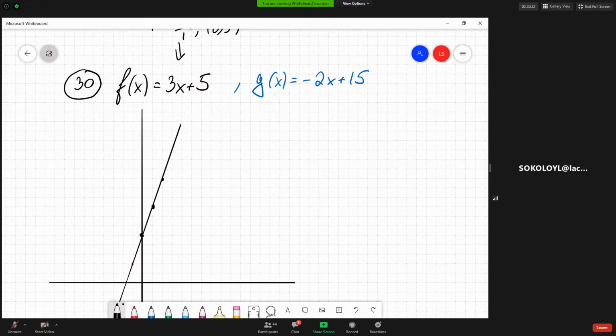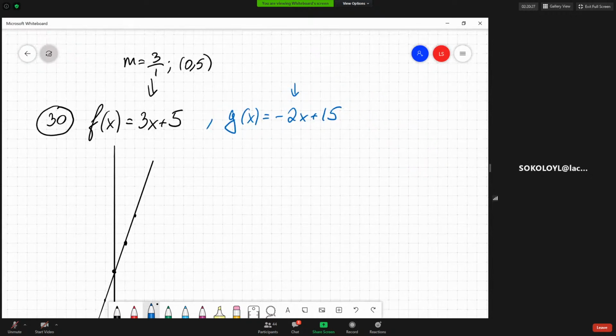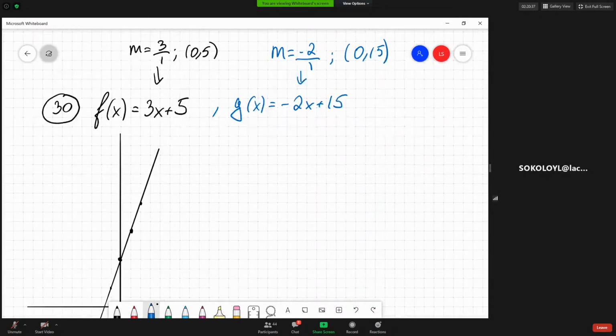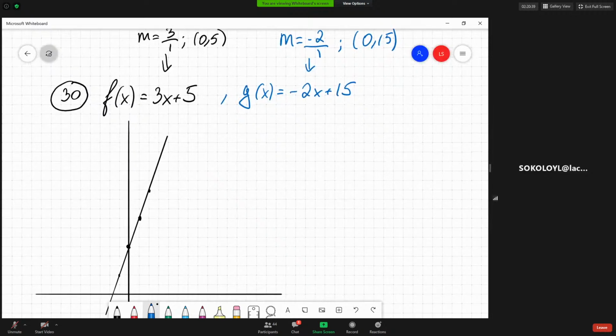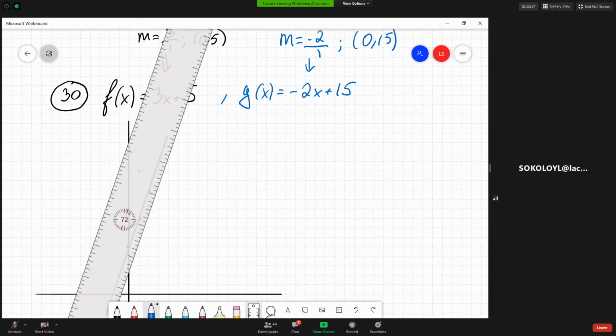All right, for my blue function, my slope here is negative 2. So we will say negative 2 over 1. My y-intercept is (0, 15). So when I plot it, I have to go to 15. So this is 5, 6, 7, 8, 9, 10, 11, 12, 13, 14, 15. My slope is negative 2 over 1, so I have to go down 2 and 1 to the right. Let's connect these 2 points and a few more.